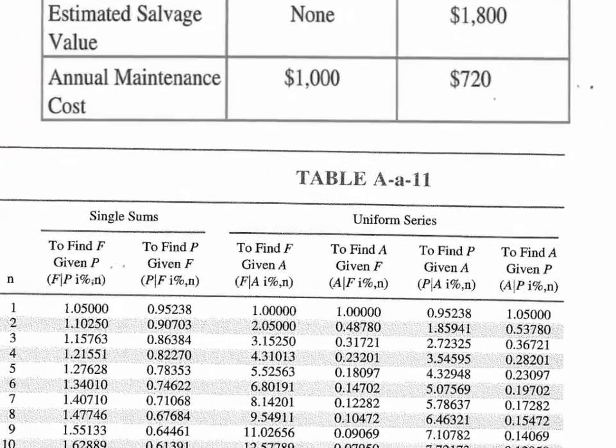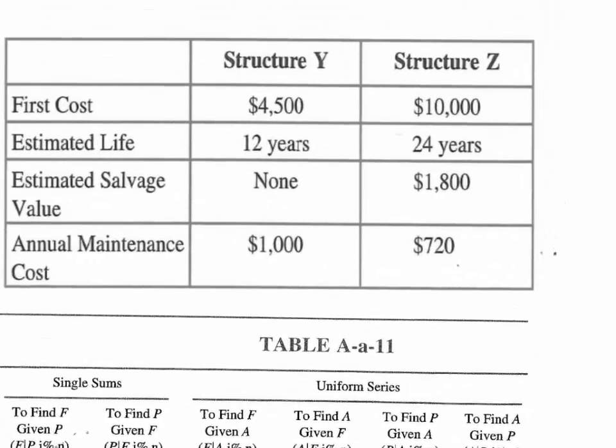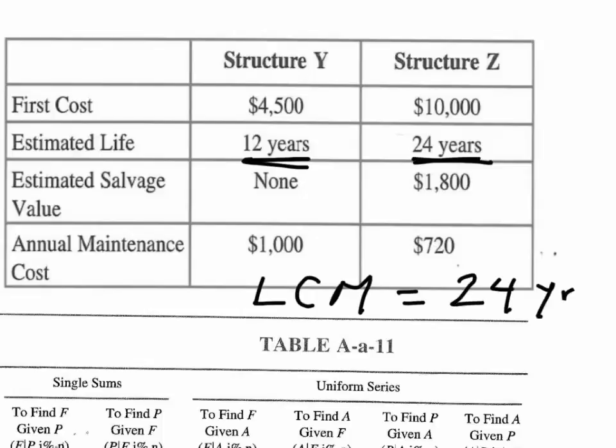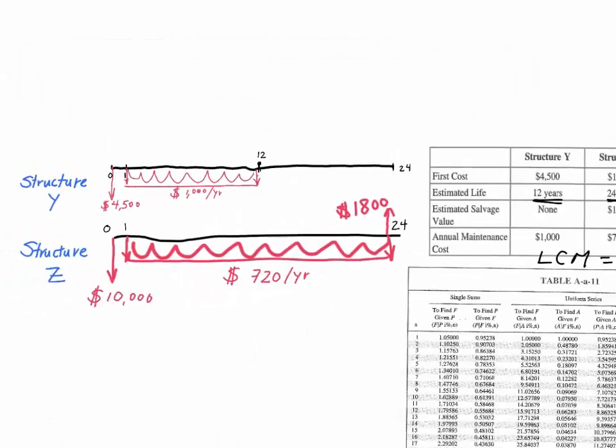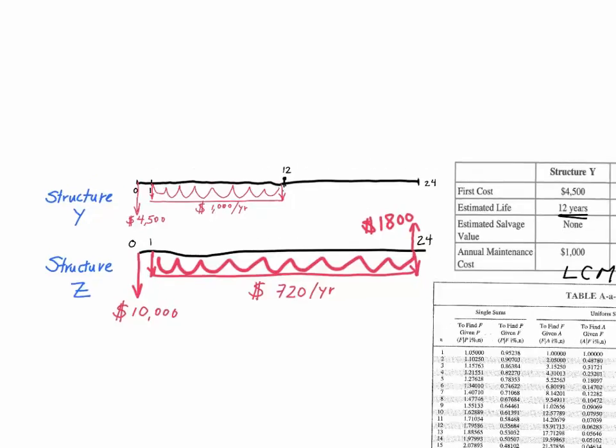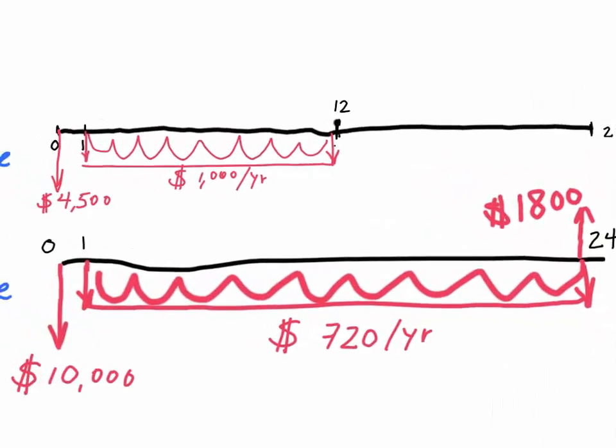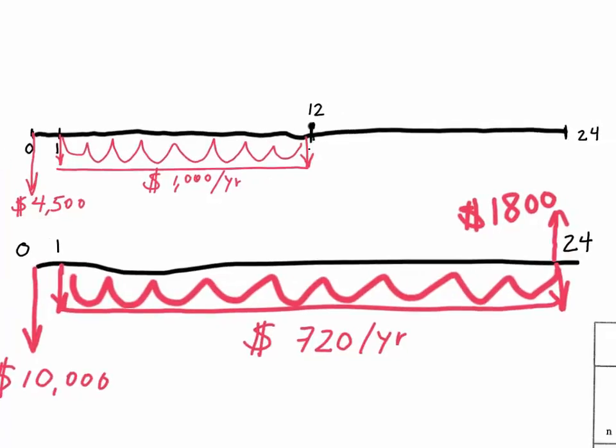So based on the lives we have here, 24 and 12, your least common multiple is clearly 24 years, which means that you will use Z one time while Y will be repeated a second time, so it will fit within the 24 years.